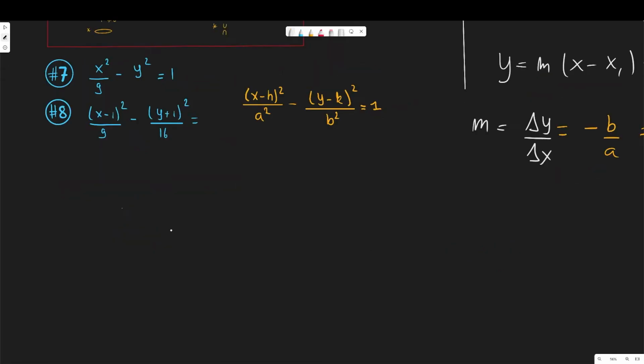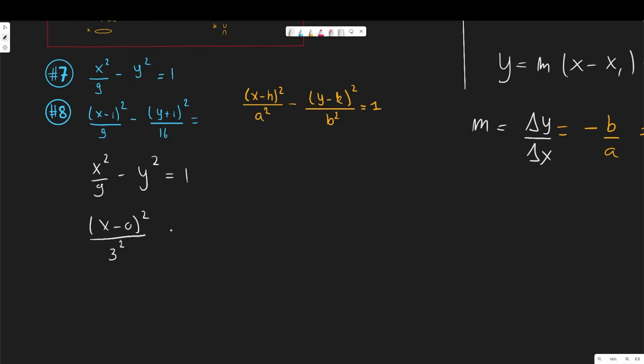Now for exercise number 7, we have that x squared over 9 minus y squared is equal to 1. So in order to get this in the exact same form as our general equation, we'll just have to do some adjustments. Well, we can write down x squared as x minus 0 squared, and 9 we can write down as 3 squared.